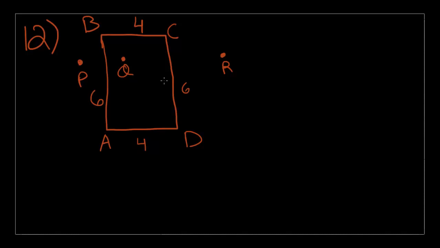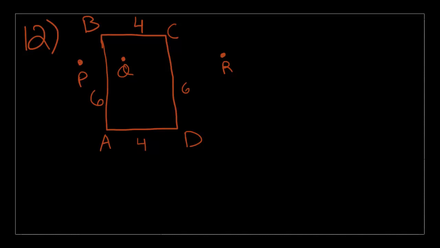Points P, Q, and R are different points on a line that is not shown, that is parallel to the line AD. Points P and Q are symmetric about line AB, and points Q and R are symmetric about line CD. Then what is the length of PR?